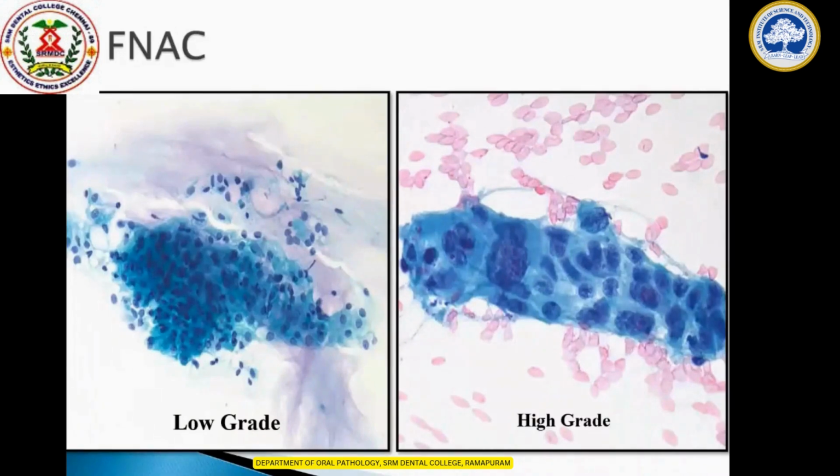So what do you see in the FNAC? The characteristic finding will be the background of the smear. The background will appear very dirty and discolored. Why? Because of the mucin content in the tumor itself. The cells you're going to appreciate will be more intermediate cells and a few streams of mucous cells.